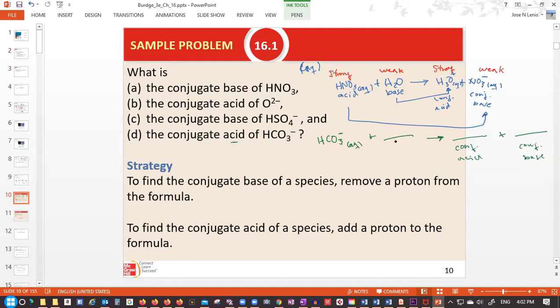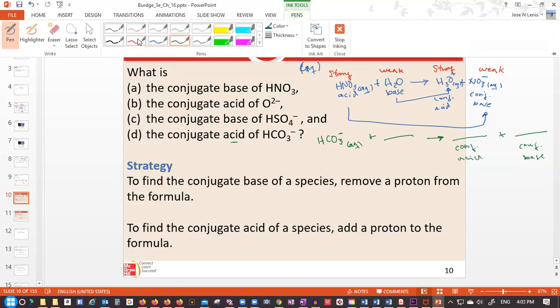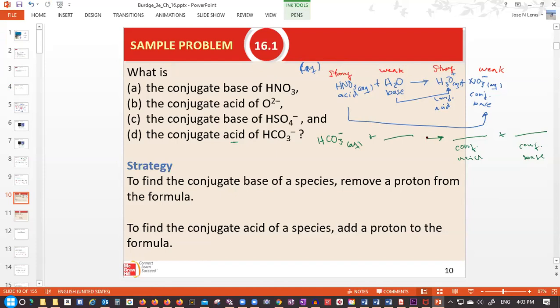And this has to be the opposite acid-base behavior as this. So this is the basic setup for you to solve these acid-base pairs, at least to identify each species.